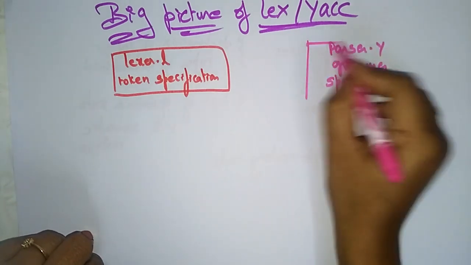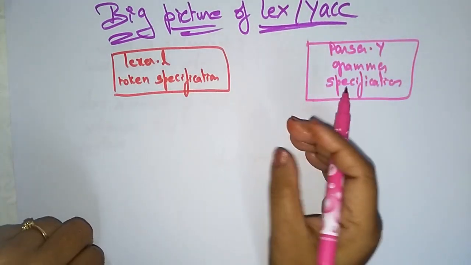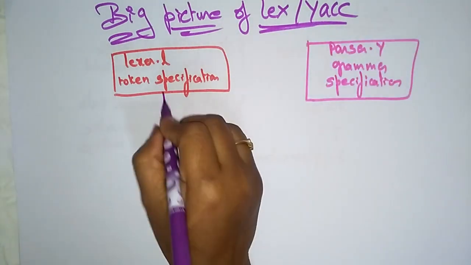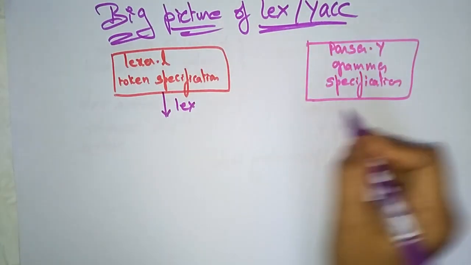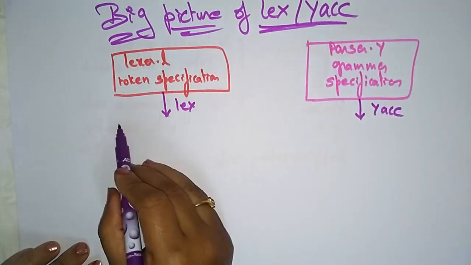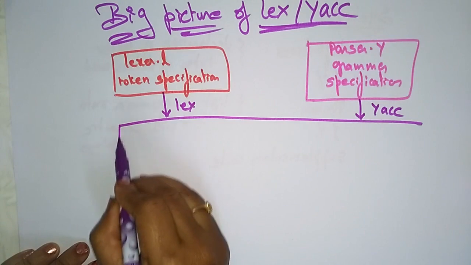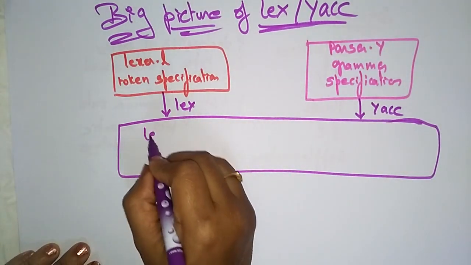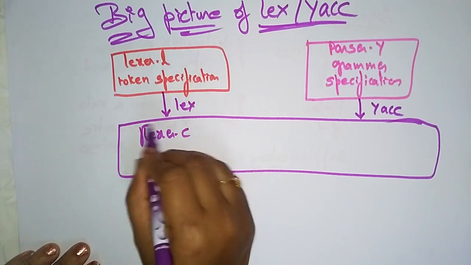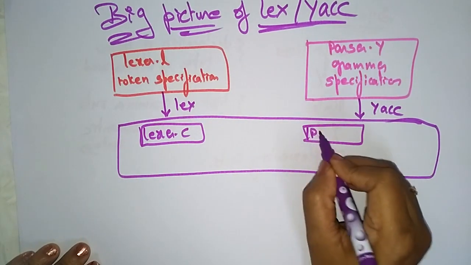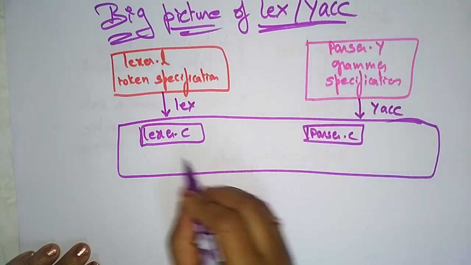These are the two tools, Lex and YACC. With the help of these tools, lexer.c and parser.c are generated automatically.